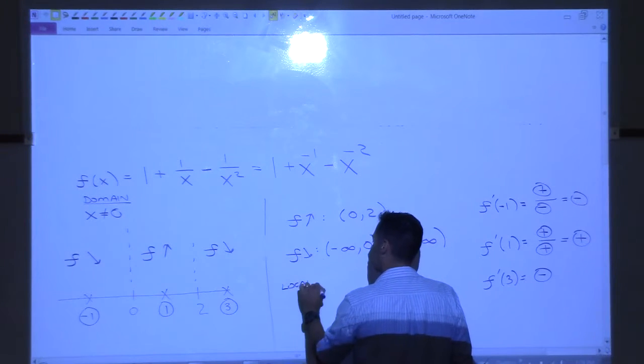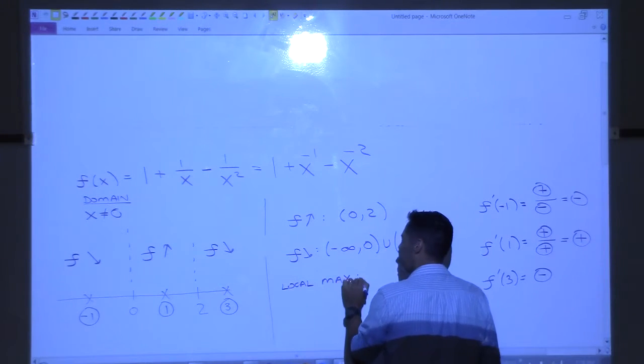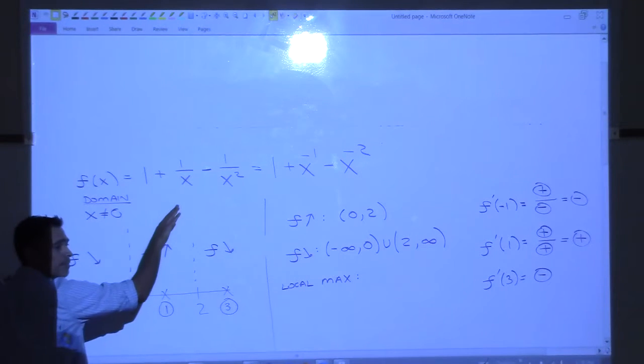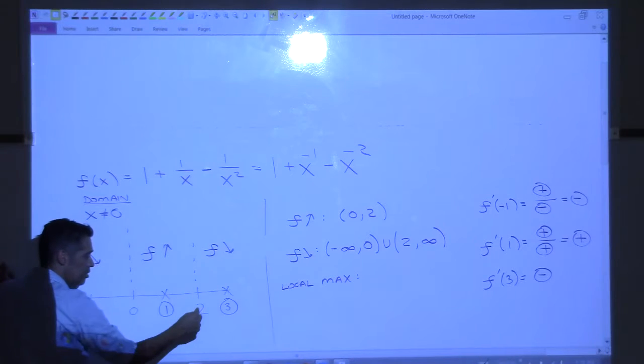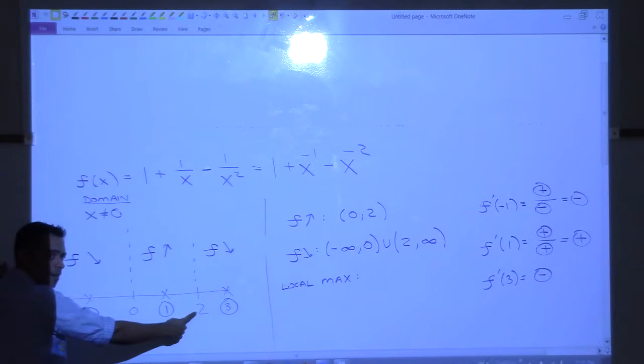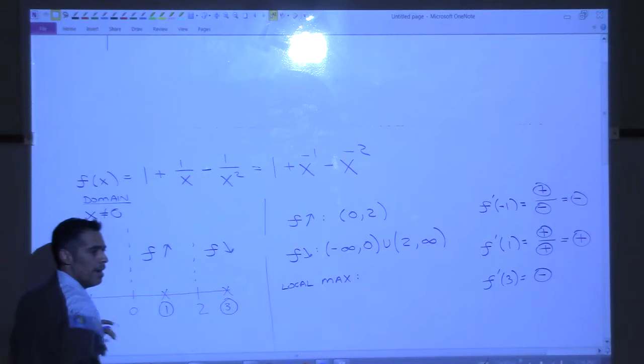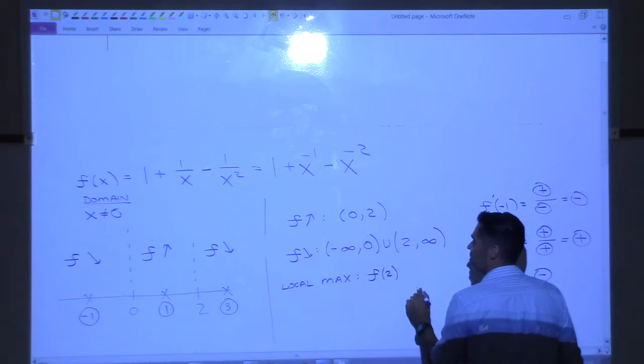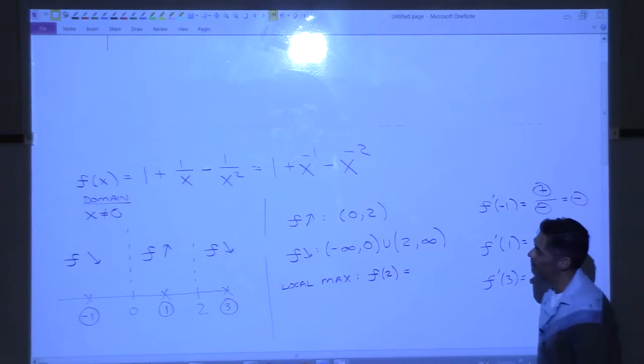Local max. We're looking for our function to go up and then down, right? Our function here goes up and it goes down, and 2 is in the domain of the function, right? So let's go ahead and evaluate our original function at 2, see what we get.